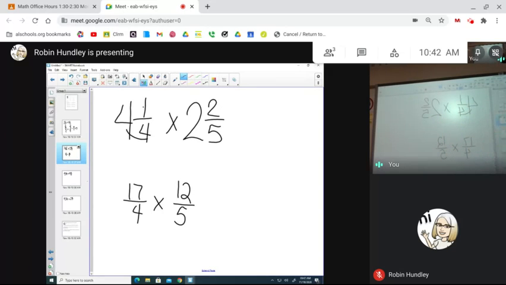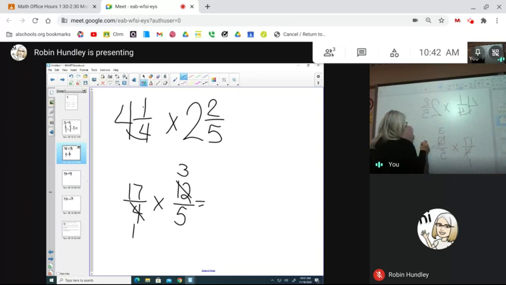Looking diagonally, 5 and 17, there's nothing that I can really divide both of those by. But 4 and 12 I can. 4 divided by 4 is 1. 12 divided by 4 is 3. Now I can multiply my numerators. 17 times 3 is 51. And 5 times 1 is 5.